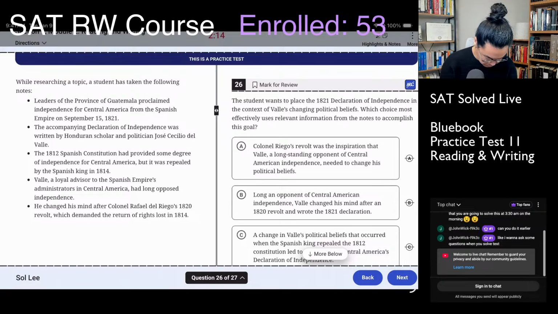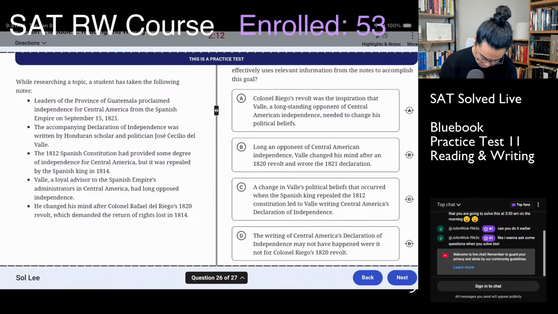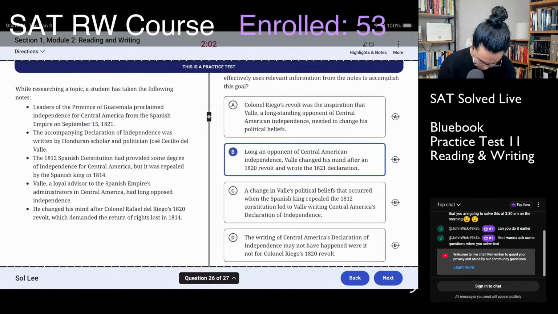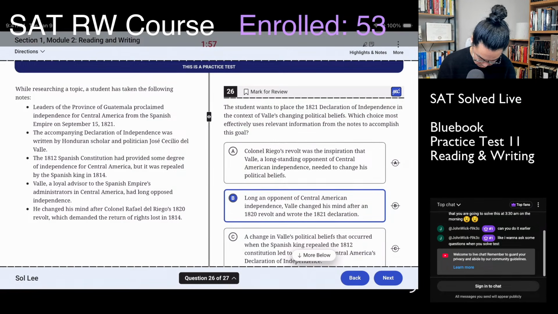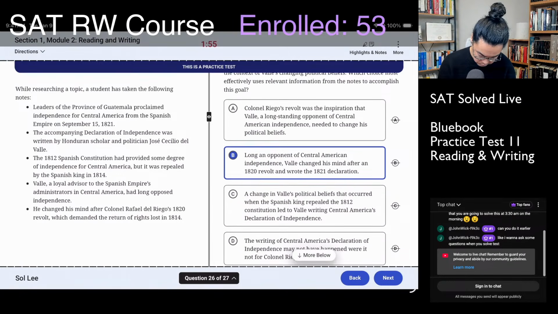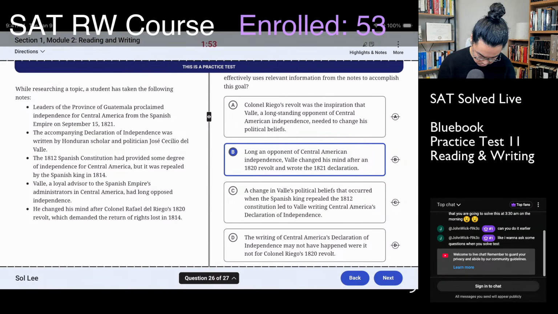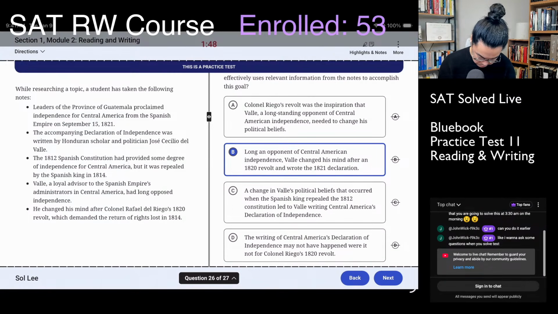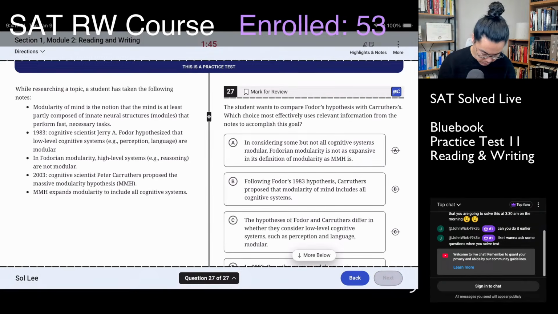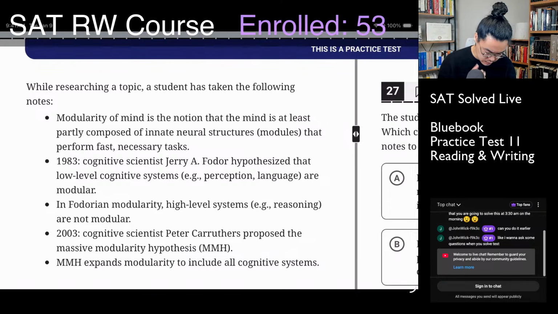Okay. Okay, that must be B. Must be B. Okay. Changing beliefs. Yep. I'm going to move on to 27 first, just to get it out of the way. I'm going to come back to 26 in a sec.